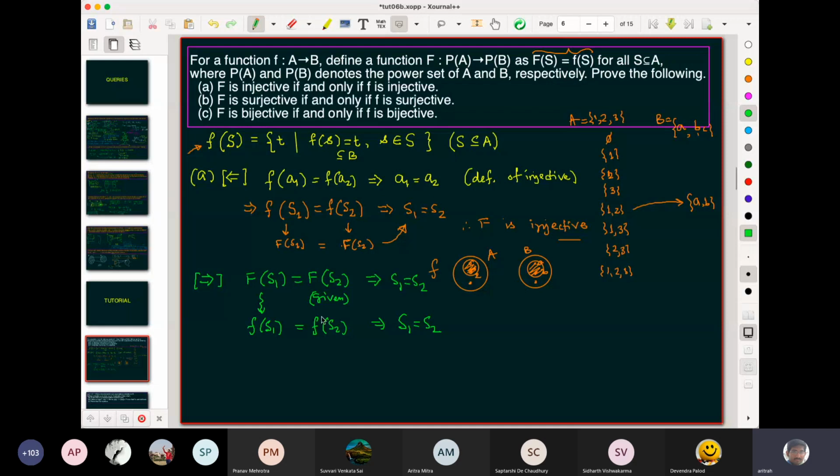Since these two map into the same set, f(ai) equal to f(aj) will imply ai equal to aj as well, meaning that f is injective. This is just a warm-up problem. If you visualize it, you can see that it happens in every direction.